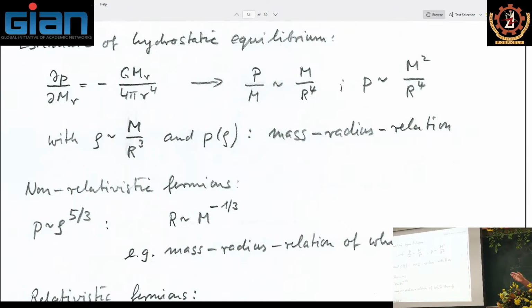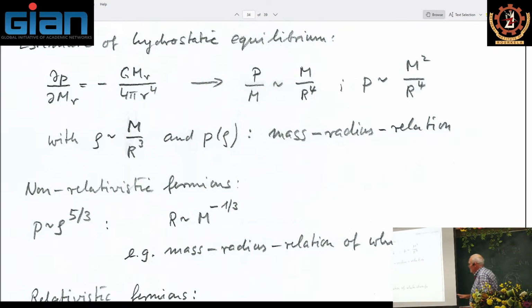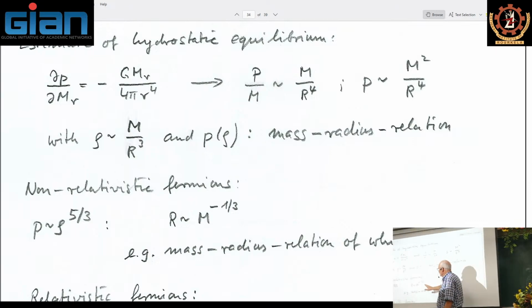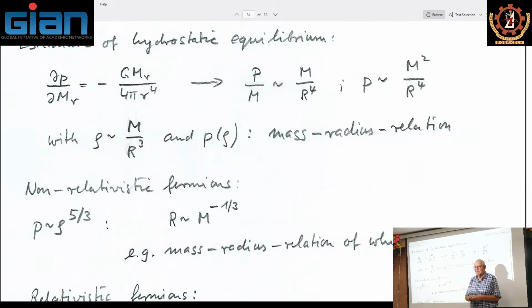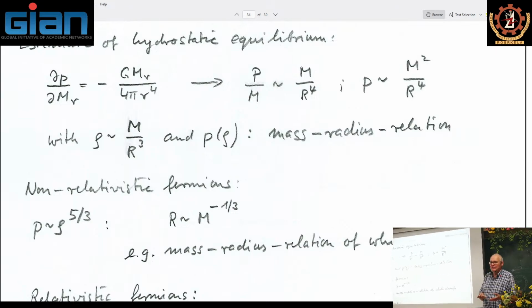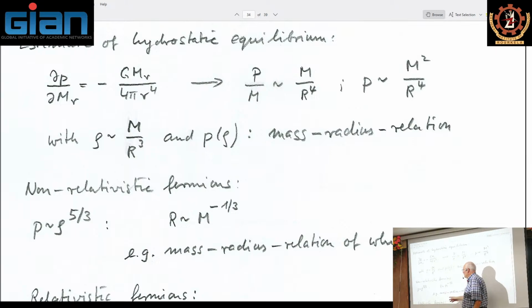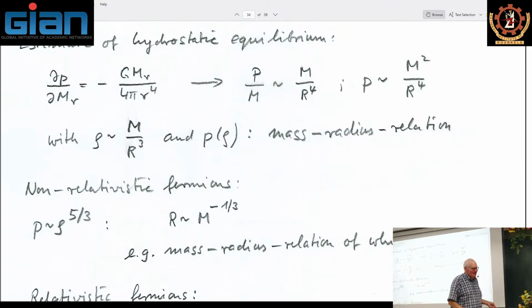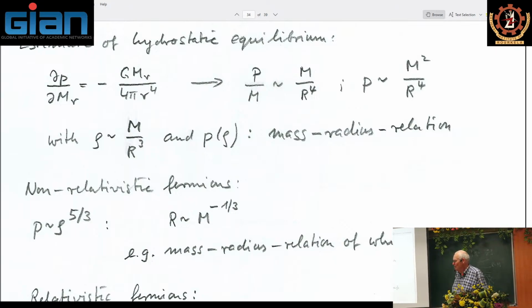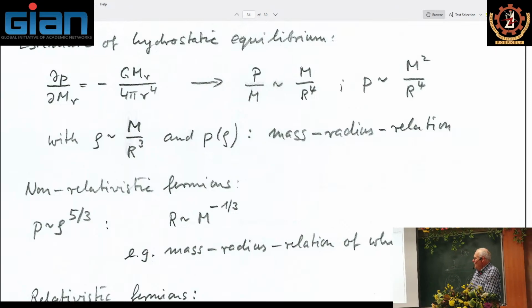Okay, now this is the mass-radius relation for non-relativistic fermions, we may ask what will be the mass-radius relation for relativistic fermions. Relativistic fermions would be those characterized by an equation of state where the pressure goes with density to the 4/3. So let's take this pressure density relation and ask what is the mass radius relation.